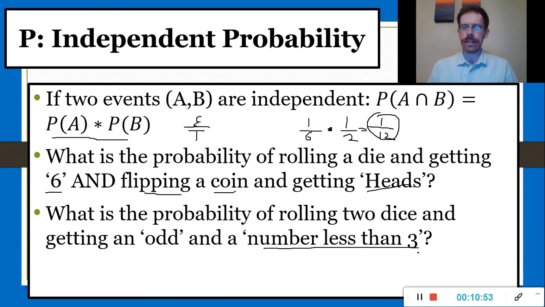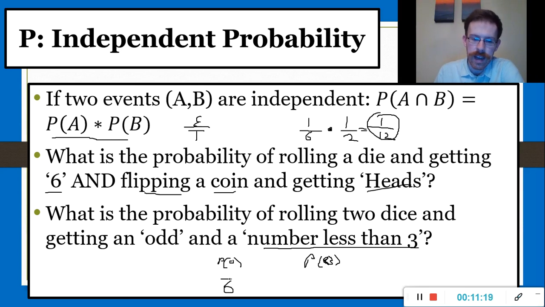What the first die gets isn't going to affect what the second die gets, theoretically. We're not going to talk about whether or not the dice will hit each other. So, let's consider the probability of getting an odd and the probability of getting less than a 3. Let's say that this is my little less than symbol.